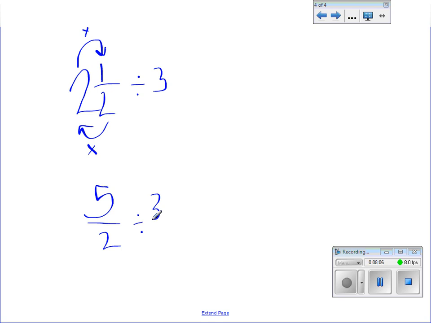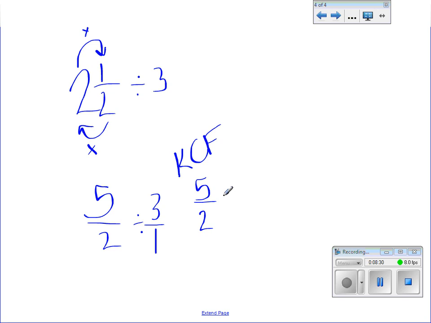Before I get any farther, I need to put a 1 under the 3 so that I know that I'm not doing 5 divided by 3 and then 2 divided by 3. Now this is set up properly, and I can keep, change, flip, and solve this answer. So keep the first fraction the same, 5 halves.